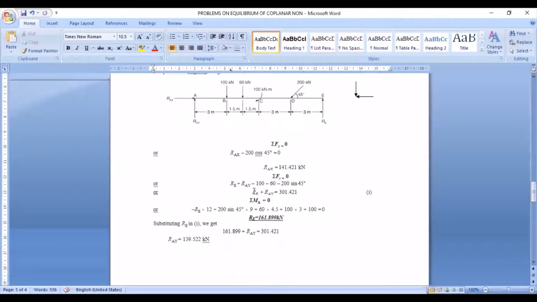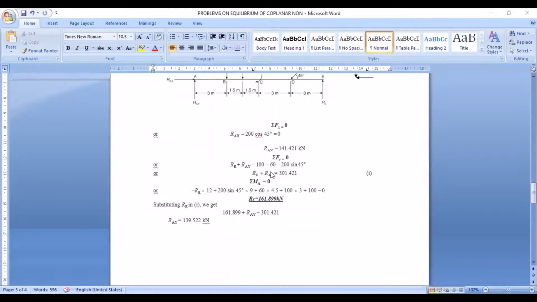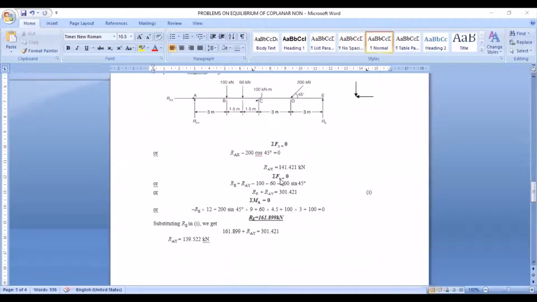So after rearranging the terms for sigma Fy is equal to 0, we are going to get one equation, that is RE plus RAY is equal to 301.42 kilonewton. Now let us keep this equation as it is. We shall apply the third equation of equilibrium, and then come back to this equation and solve for the unknown.